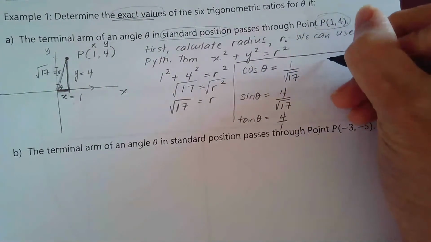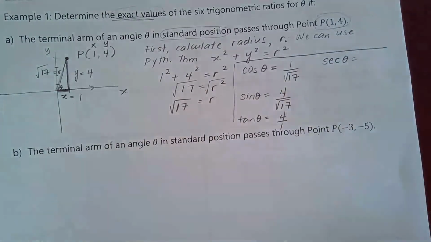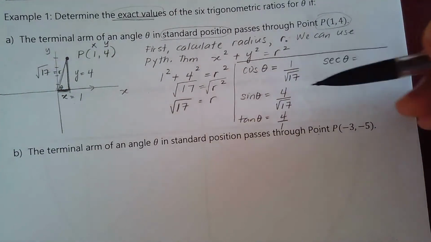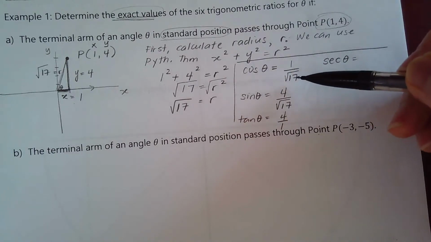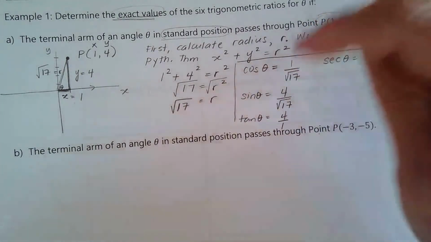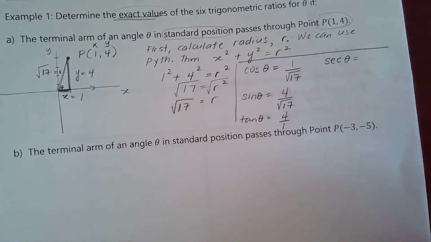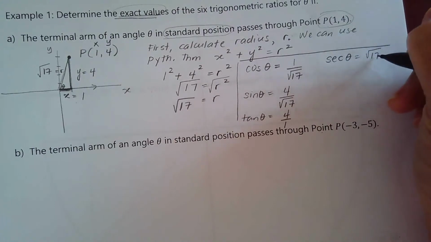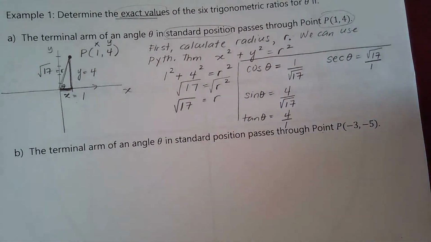Now the other ones. Secant theta, and just a few lines above, we said secant theta is the reciprocal of cosine. So if cosine is 1 over root of 17, the reciprocal is the secant: root of 17 over 1, or just root of 17.